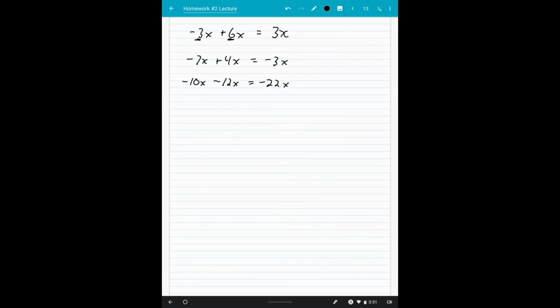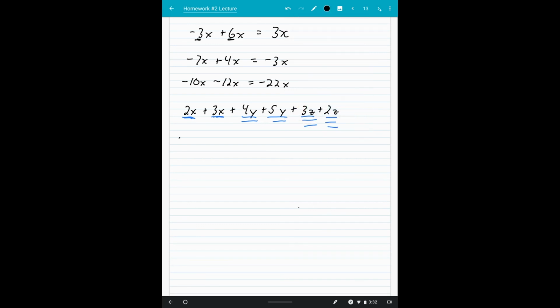That's how we combine the variables. Now you can only combine variables that are the same type of variable. So if I have something like 2x plus 3x plus 4y plus 5y plus 3z plus 2z, I can only combine ones that have the same variables, like x's with x's, y's with y's, and z's with z's.